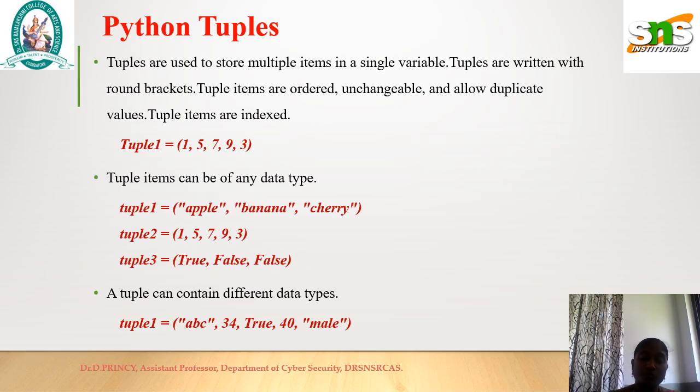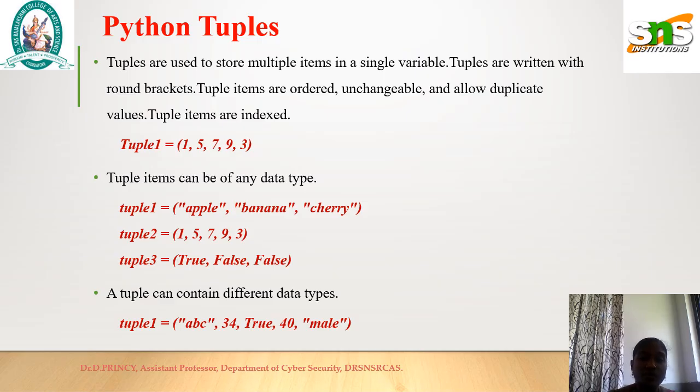Python tuples. Tuples are also used to store multiple items in a single variable, of different data types. Tuples are written with round brackets, and are also ordered, but immutable, that is unchangeable, and also allow duplicate values. The difference between list and tuple is that lists are mutable. Once you assign a value, the elements can be changed in future, but in a tuple the elements cannot be changed.